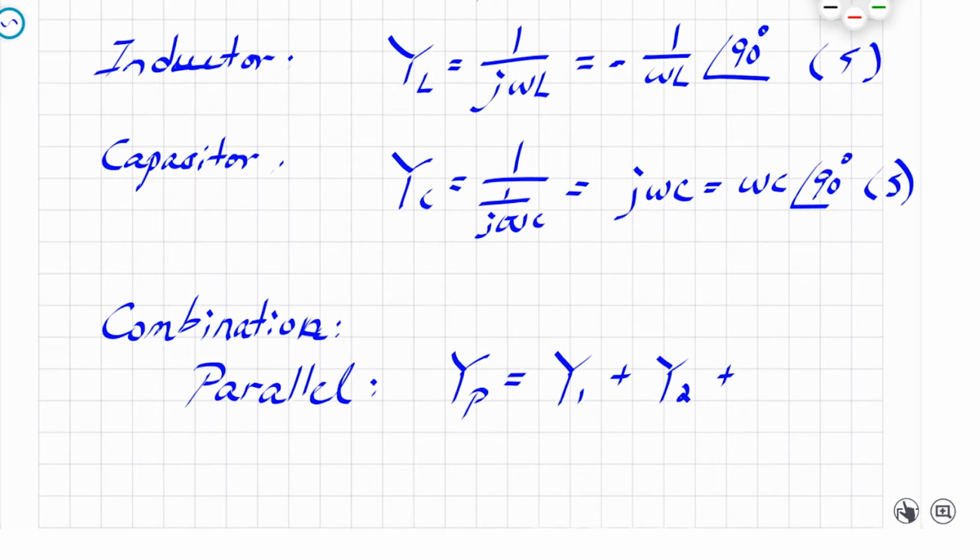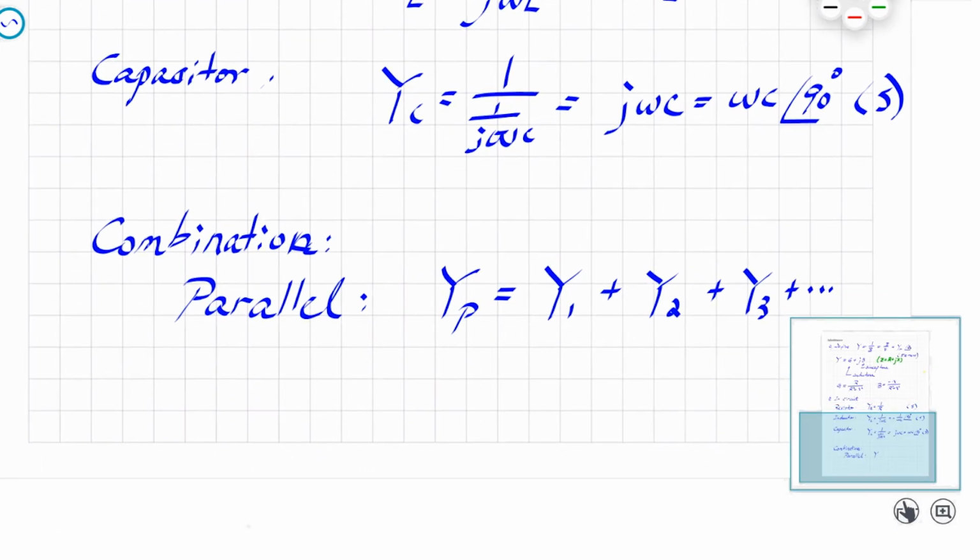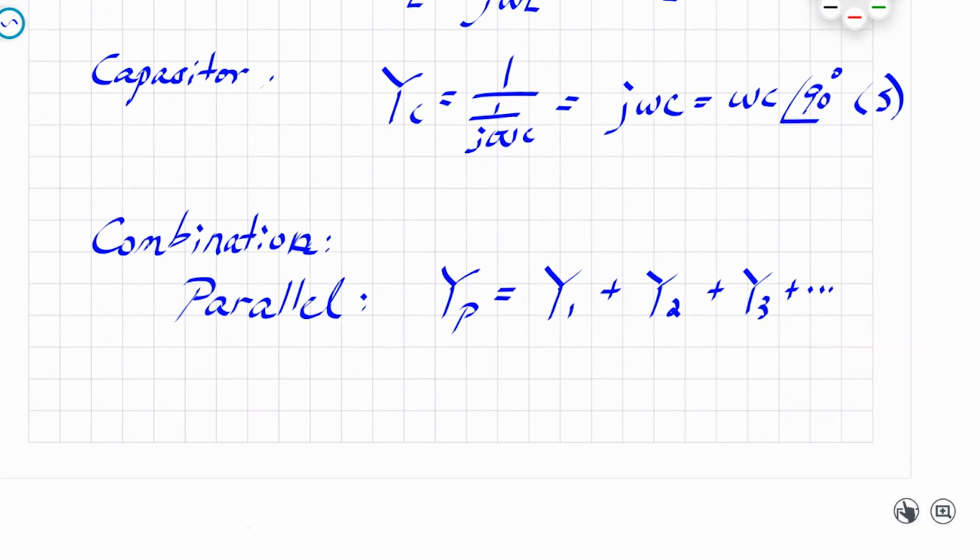Now if we have more than that, we just keep adding. You can see that it is convenient for parallel circuits, that we use admittance more often than impedance.